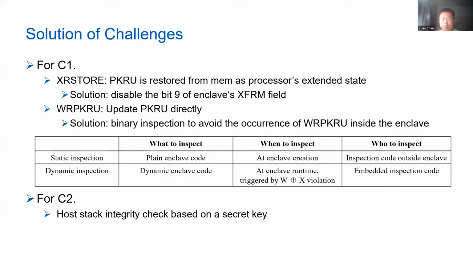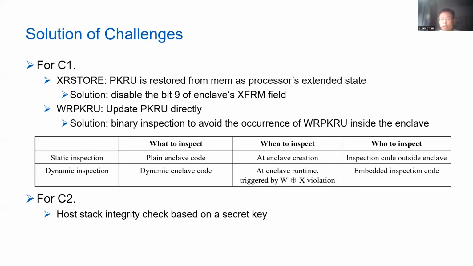The WRPKRU instruction is used to update the PKRU register directly. Our solution to this is to leverage a binary inspection technique to avoid the occurrence of the WRPKRU instruction inside the enclave. Our binary inspection technique consists of two parts: static inspection and dynamic inspection. Static inspection targets plain enclave code.